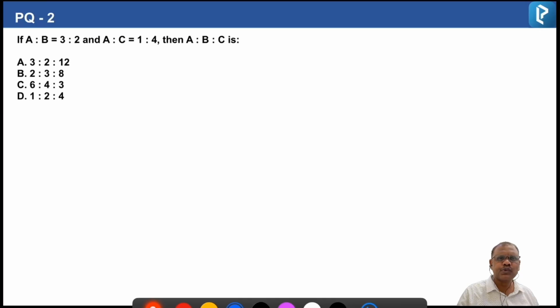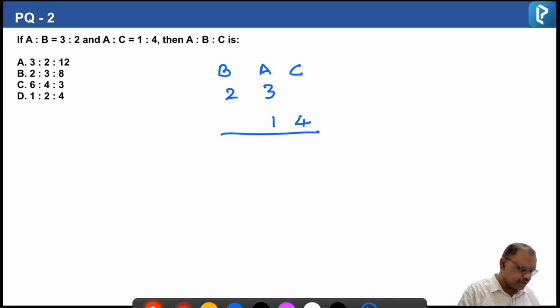So we need to write two ratios, one below the other, such that the common terms are one below the other. So we should write down B, A and C. B and A, the first ratio, are 2 and 3. And in the second ratio, A and C are 1 and 4. Now we have to multiply 2 with 1, 3 with 1 and 3 with 4.